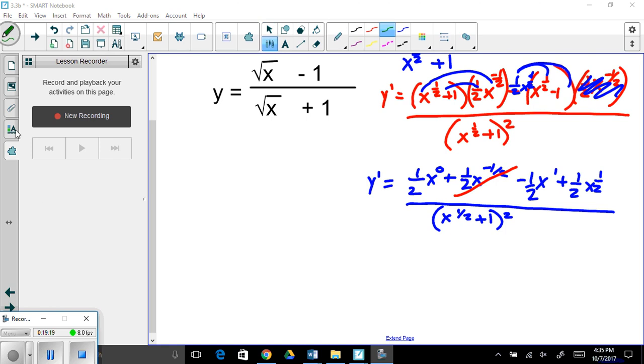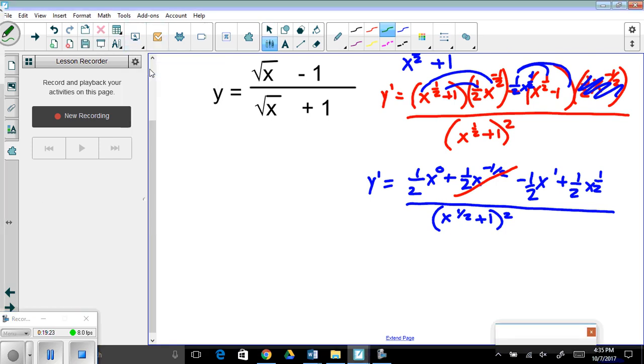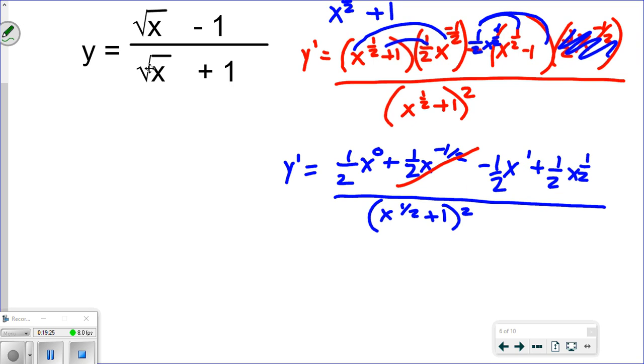If you notice, I messed up right up here for just a quick second. This was a negative 1/2 x to the negative 1/2, and I lost that negative when I was multiplying. Shame on me. So this should be negative 1/2. So this is 1/2 negative 1/2 plus positive 1/2. That should have been a 0. And then that should also be negative 1/2.